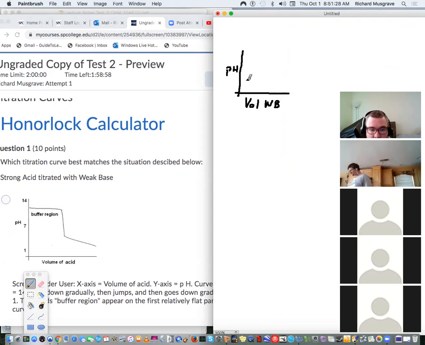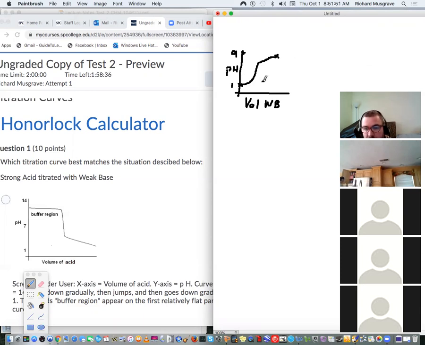We're starting with the strong acid, which means the starting pH will be 1. The final pH will be the pH of the weak base, which is going to be a pH of 9. So I know that my general curve is going to look like that, starting at 1 and going up to 9.